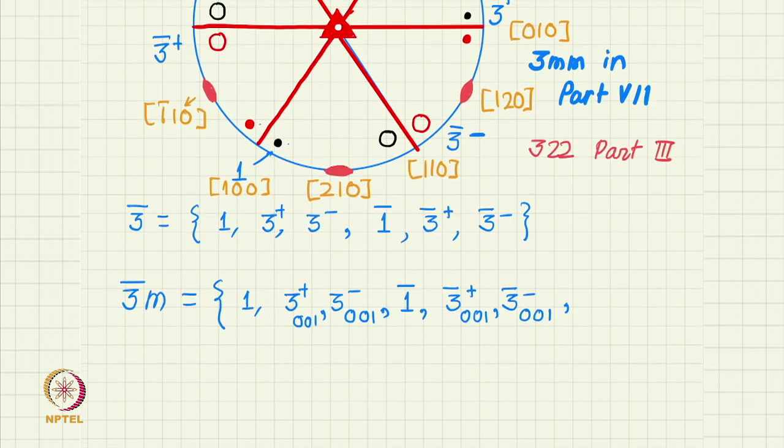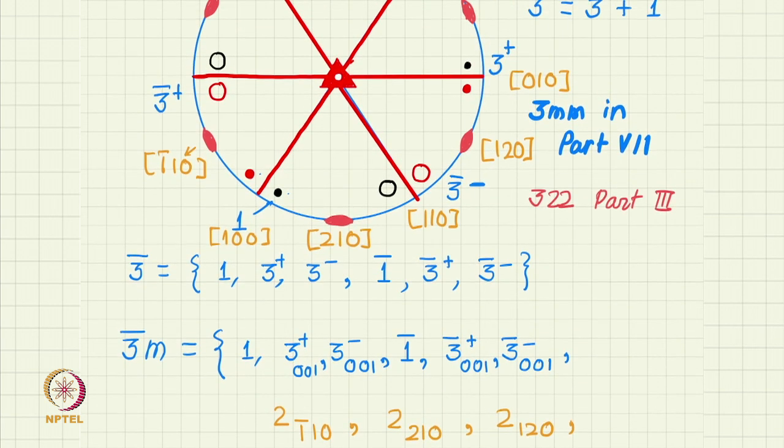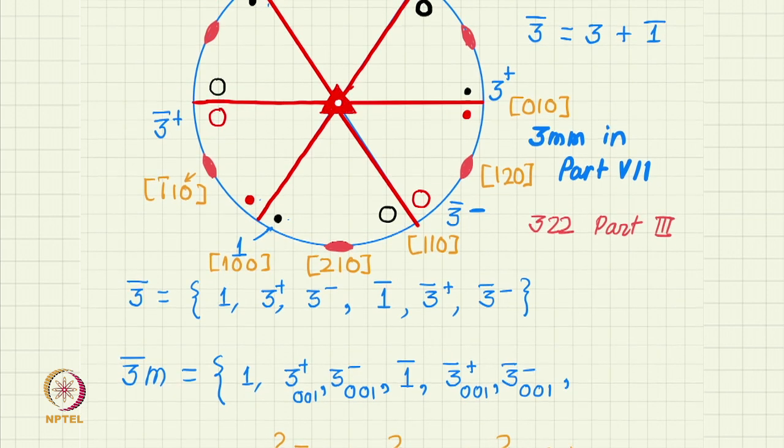So we can now find the designation for the mirror planes and the two-fold axes. First let me write the two-fold axes. The two-fold axes are along bar 110, then along 210 and along 120. So I have three two-fold axes, and mirrors are supposed to be designated by perpendicular directions.